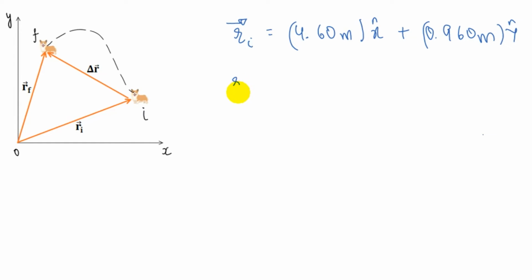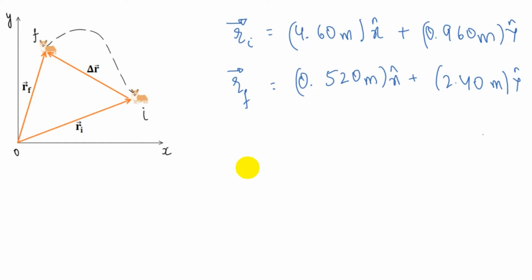And Rf, the final position vector, is given as 0.520 meter x cap plus 2.40 meter y cap, and we need to find the average velocity of the dog.